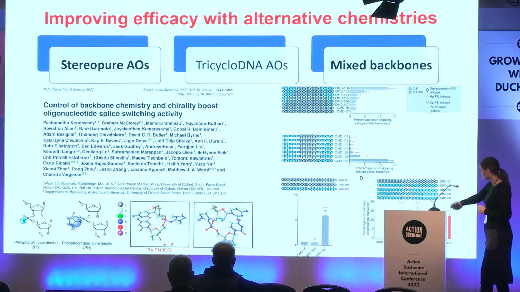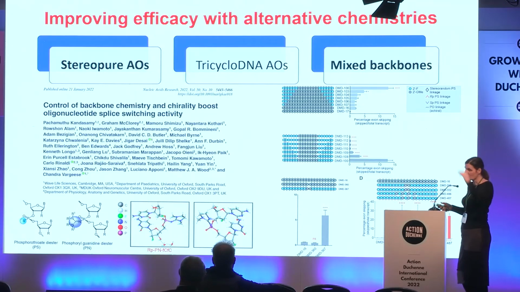And you can't see it at the bottom here, but they show a really good increase in the amounts of dystrophin exon skipping. So this is probably going to move forward, probably with WAVE. So there are steps being made to improve the efficacy of the skip.